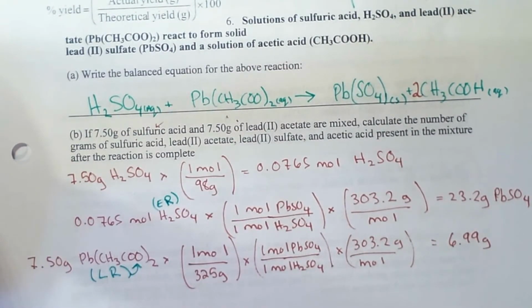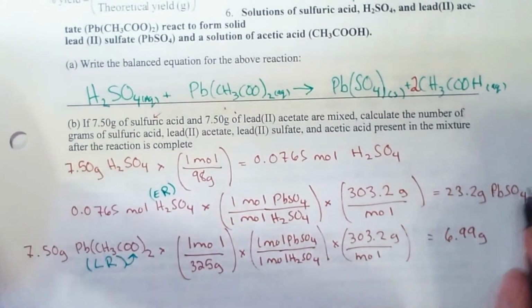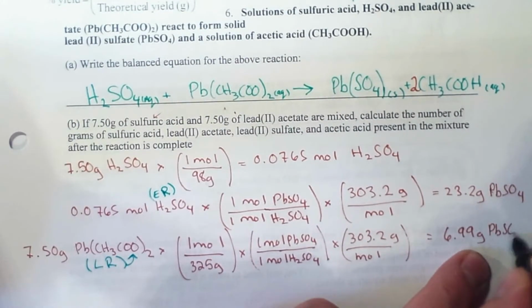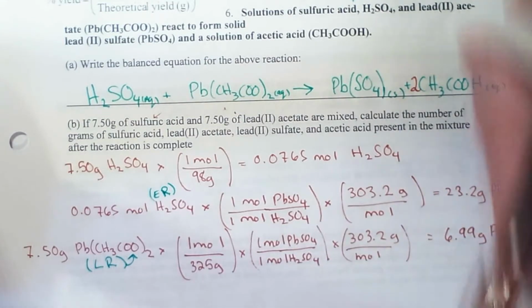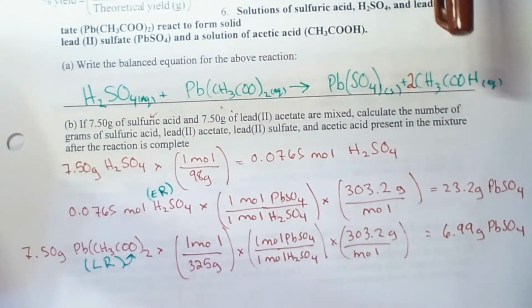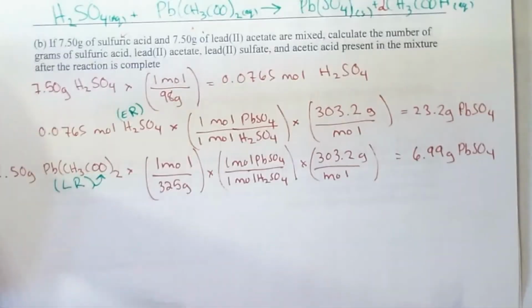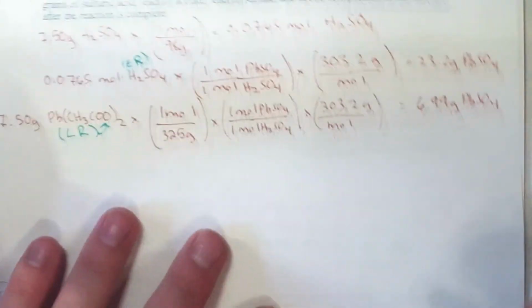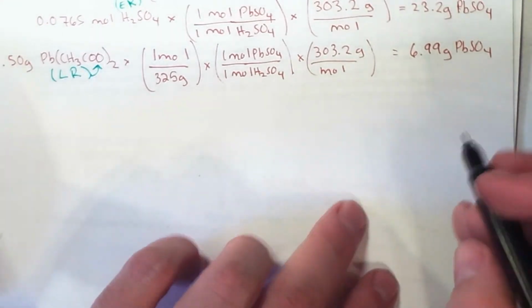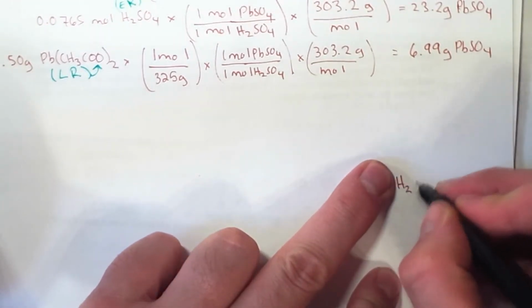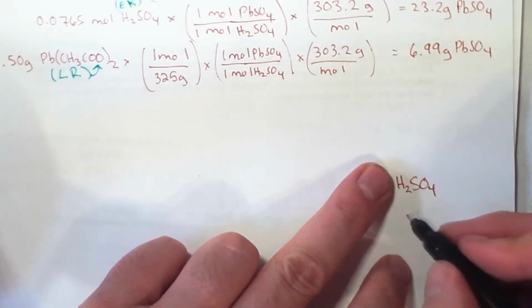So now that we have lead acetate listed, that's PbSO4, we can start just working our way down on the problem. The problem is kind of a lot because it wants to know how much of everything we have. So I'm just going to make a checklist over here so we don't forget anything.